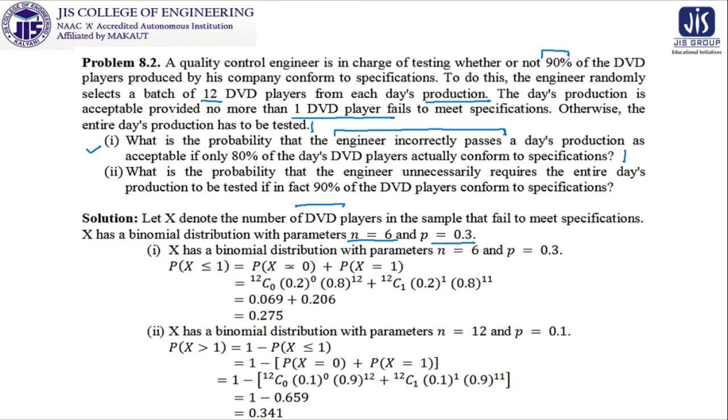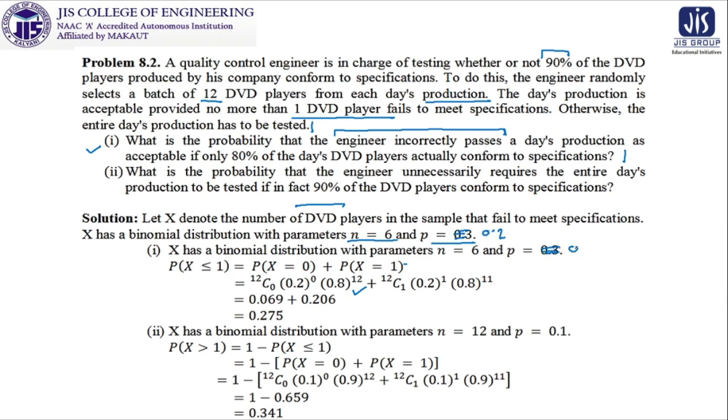So when we are making this, X has a binomial distribution of this kind. P(X less than or equal to 1) is P(X=0) plus P(X=1). So we can write 12C0 according to the distribution. It is going to be p equal to 0.2 because 80% is the requirement, so it has to be 0.2.